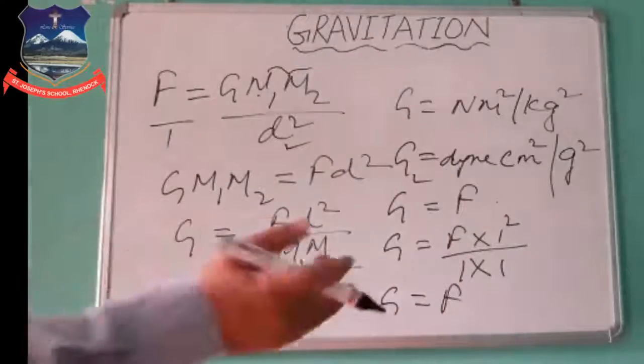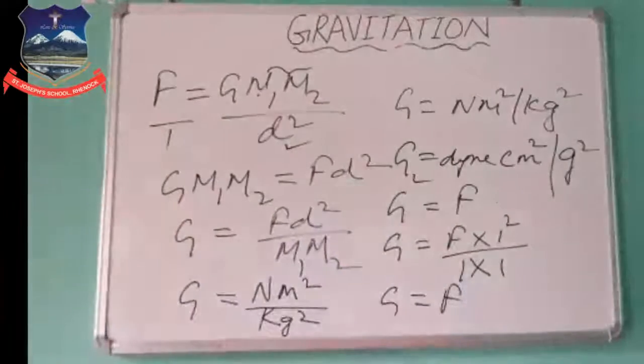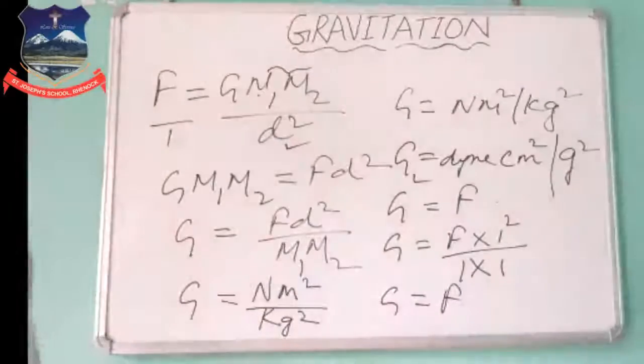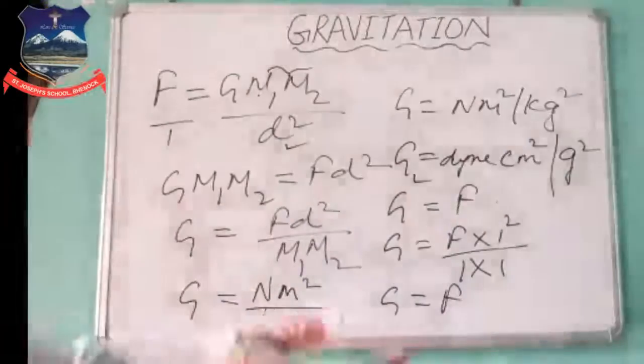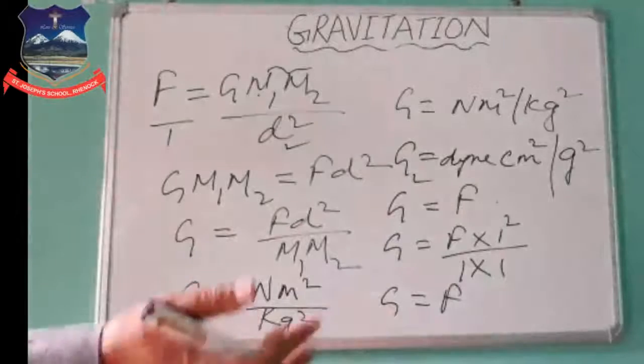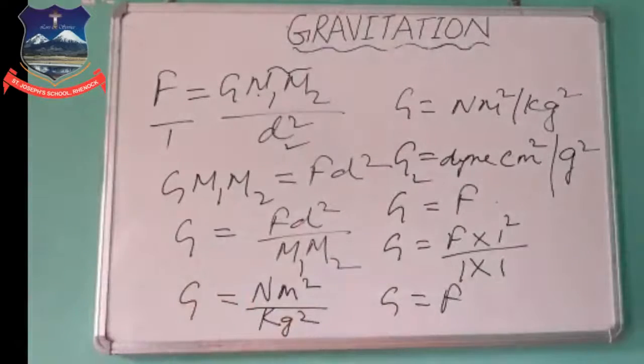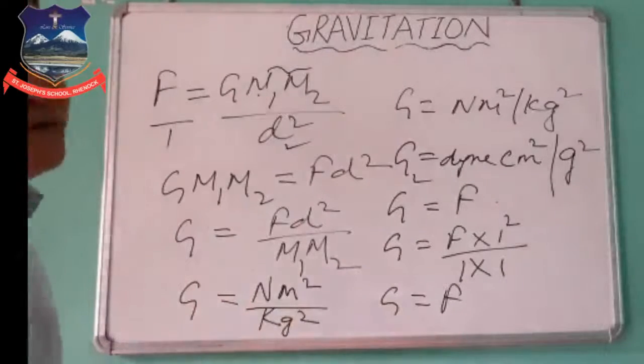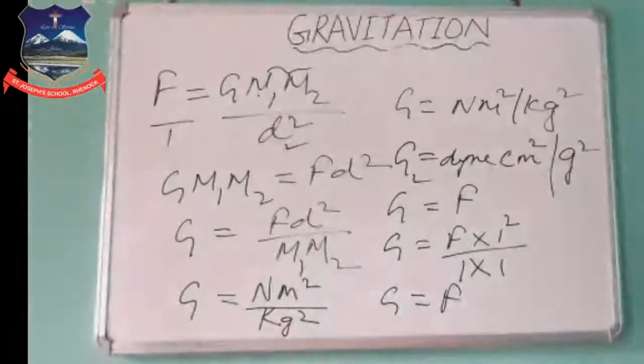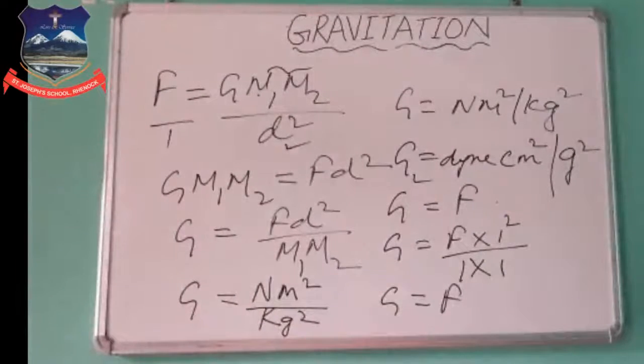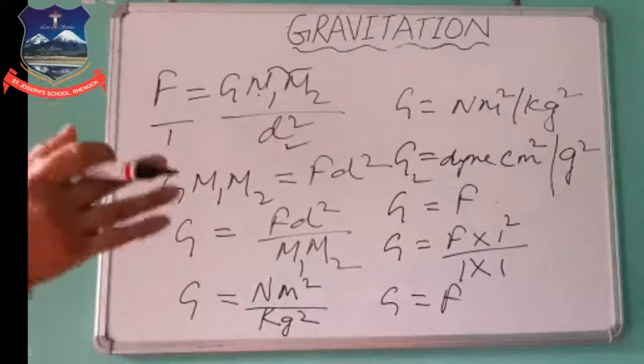Now the next one is the importance of the universal law of gravitation. First I told you about the uses; now we come to the importance. The universal law of gravitation is responsible for the formation of tides, high tides and low tides.